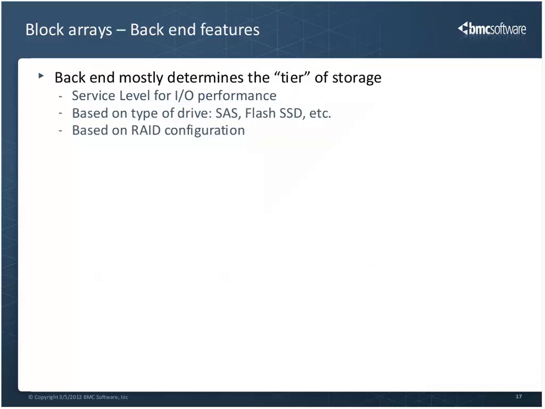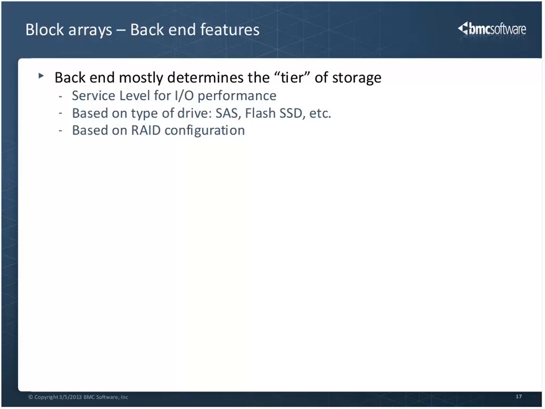So the backend is what usually is the tier of the storage. So when people think about, I have some tier 1 storage and tier 2 storage, they're trying to assign by convention a name to a level of service. The level of service may be in terms of I/O performance, because some configurations of RAID and backend disks are more high performing.